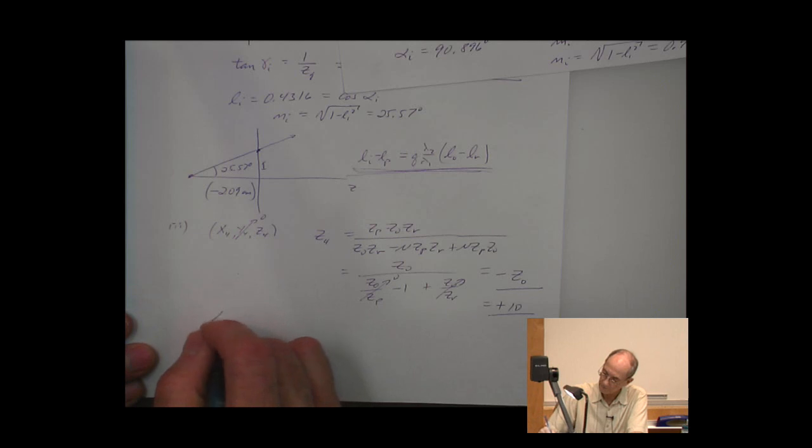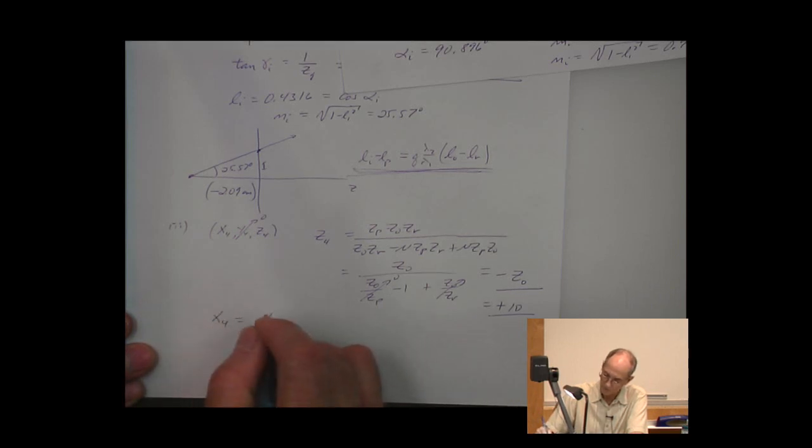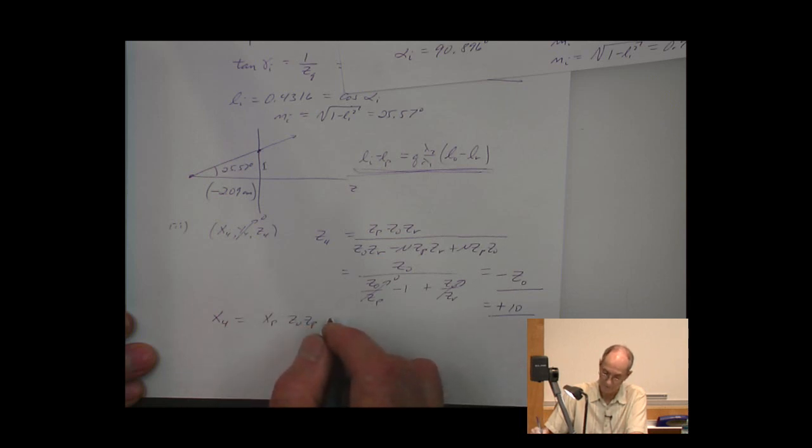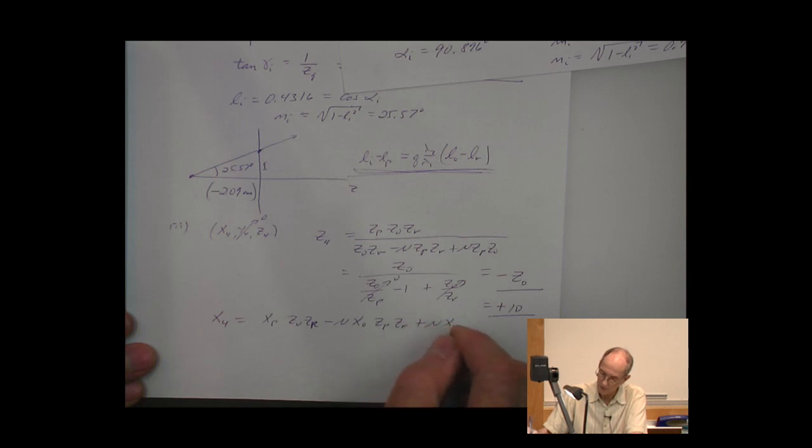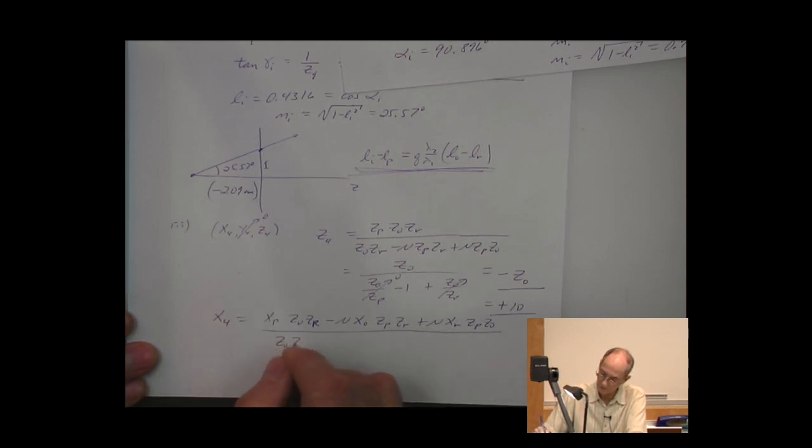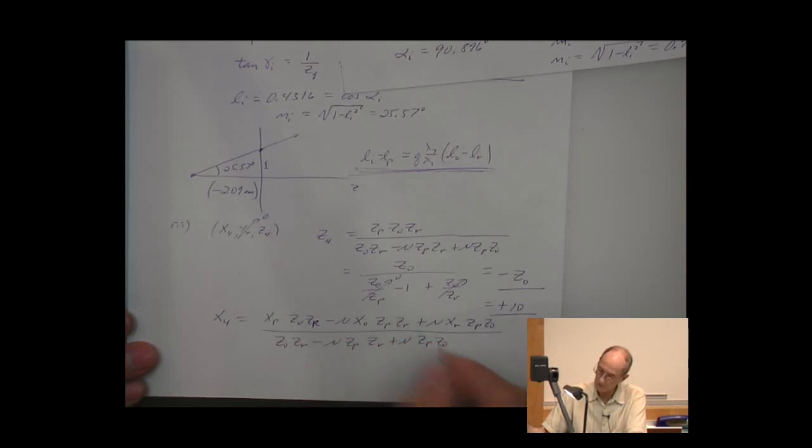And then for the x4, that's equal to xp, zo, zp, zr, minus mu xo, zp, zr, plus mu xr, zp, zo, that divided by z0, zr, minus mu zp, zr, plus mu zp, zo.